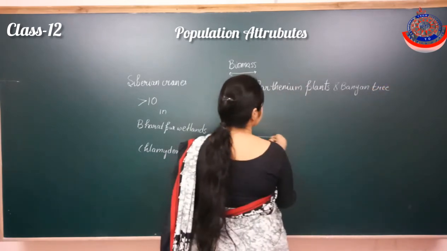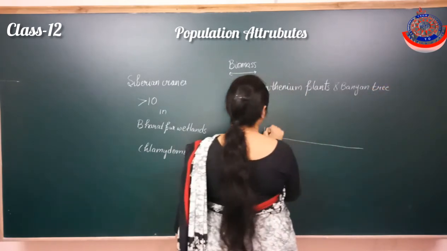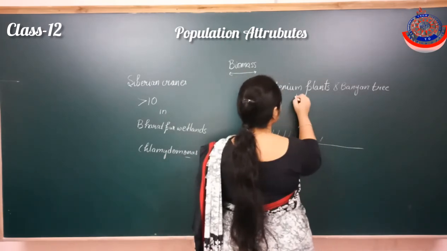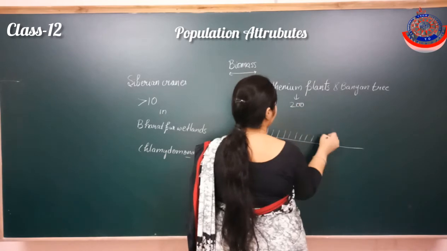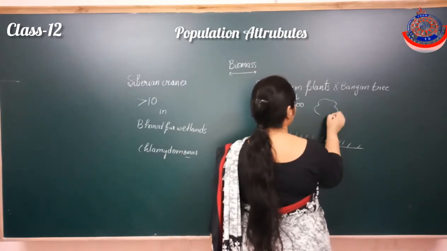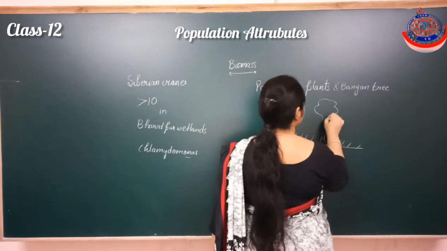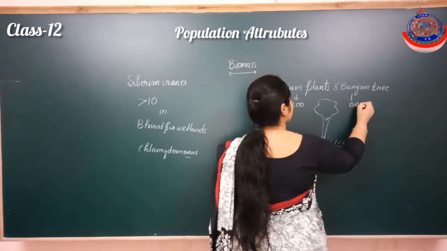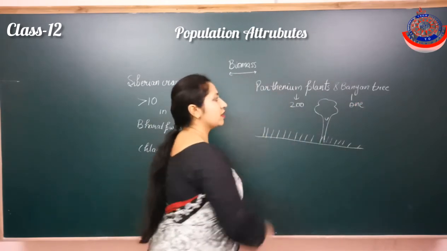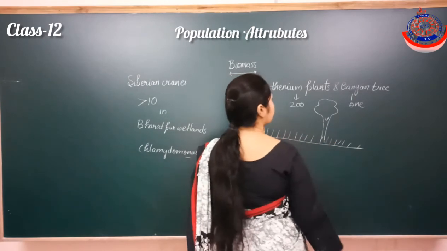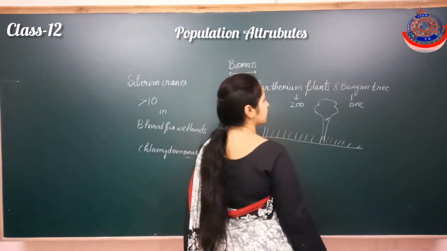So in this case, suppose around 200 Parthenium plants are present and only one banyan tree is present.